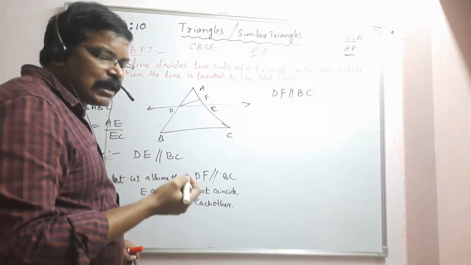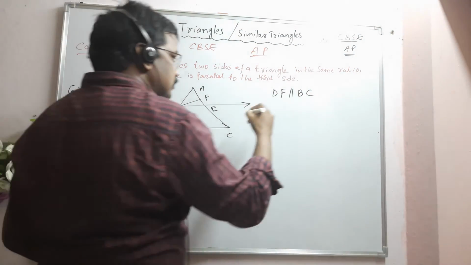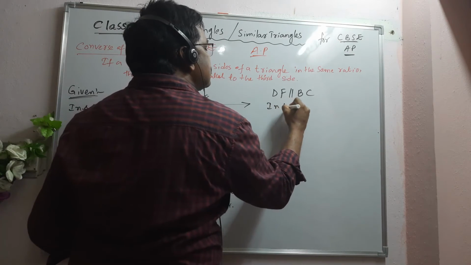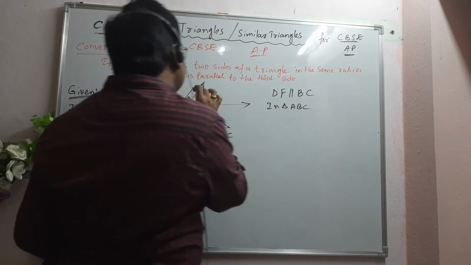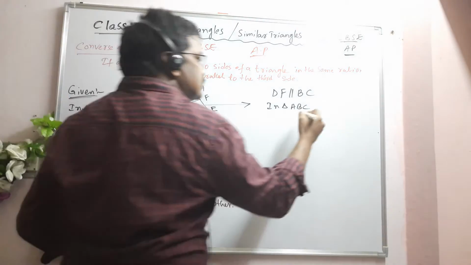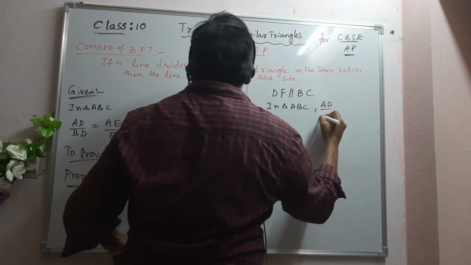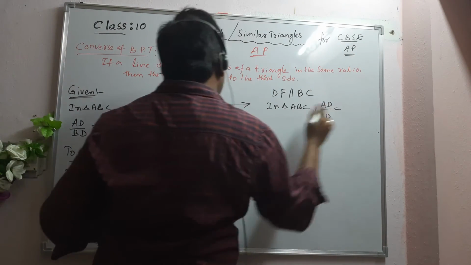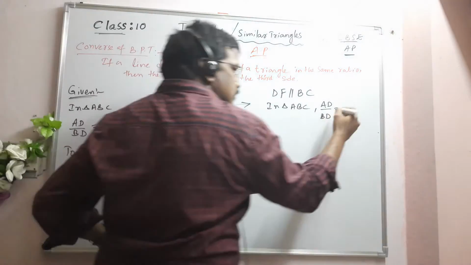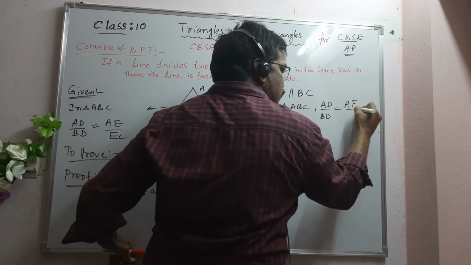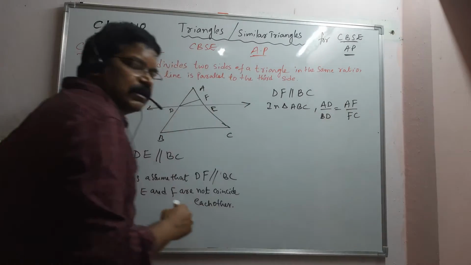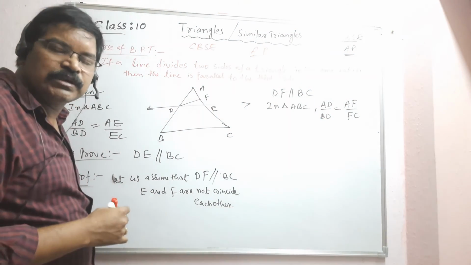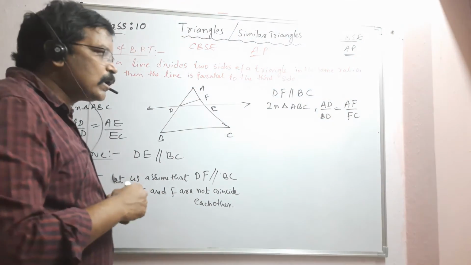So we can apply basic proportionality theorem. So in triangle ABC, this DF is parallel to BC means AD by BD is equal to AF by FC. Why?